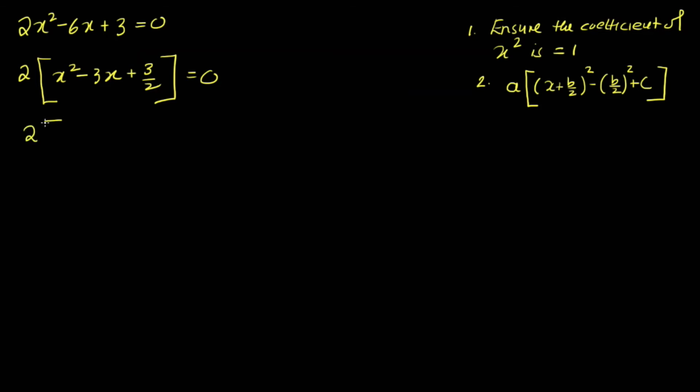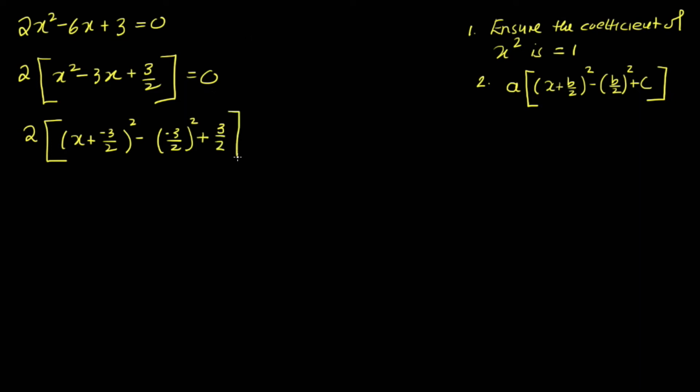The 2 stays outside the big bracket, and we're going to put x, what's my b? Minus 3, so plus minus 3 over 2, squared, minus negative 3 over 2 squared, and then plus c. What's my c? 3 over 2.